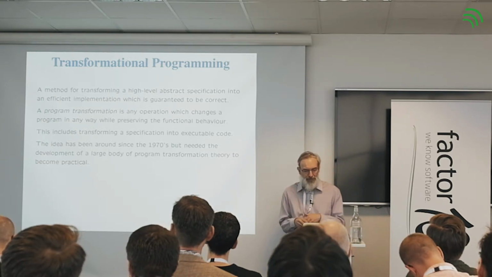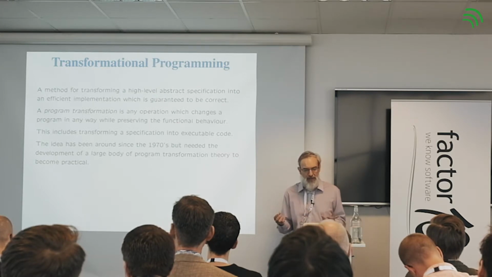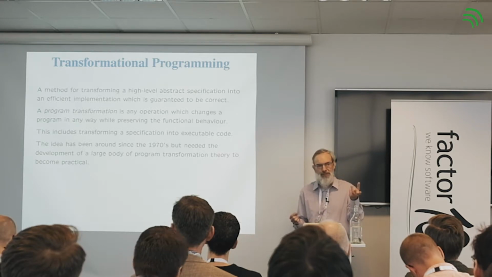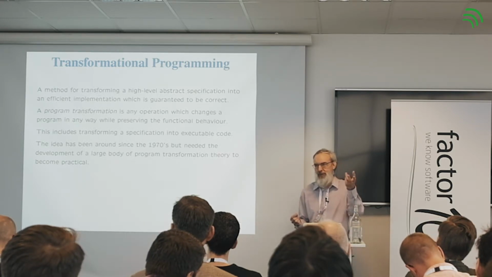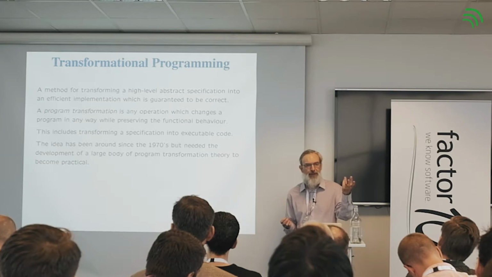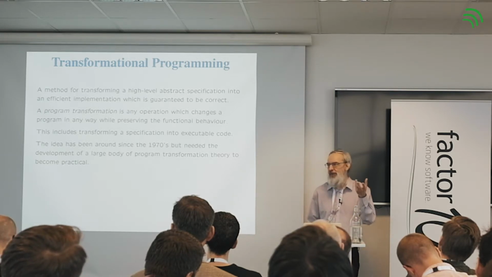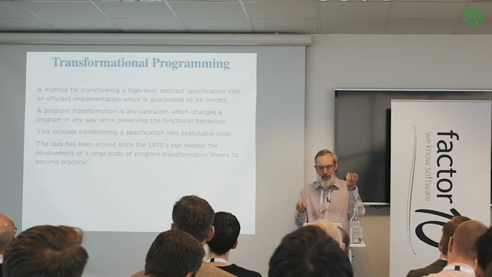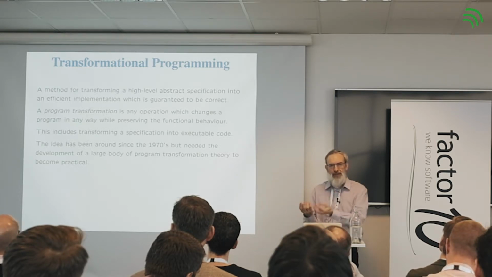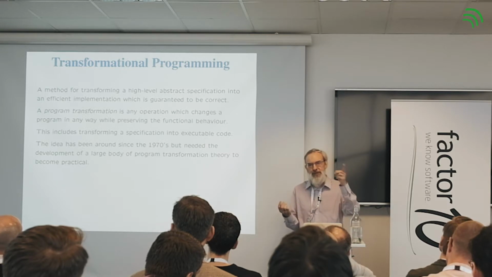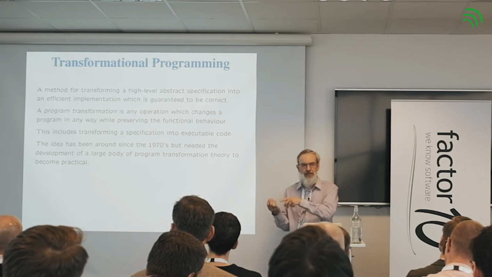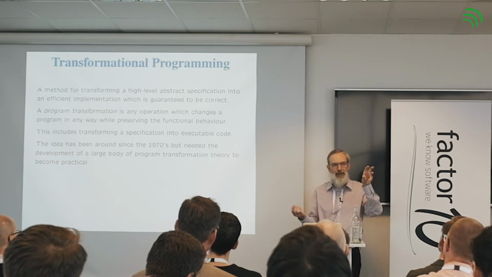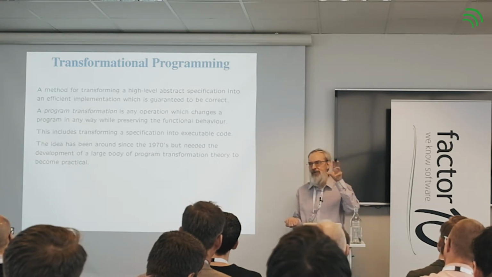And I developed this idea of, so you can take a specification, which is a precise definition of the program that you want to implement, which says exactly what you want to do, but doesn't say how you want to do it. You can refine that specification into a program, into executable code. If each of those refinement steps is a transformation, then you can guarantee that that program correctly implements that specification, and that's guaranteed by construction.